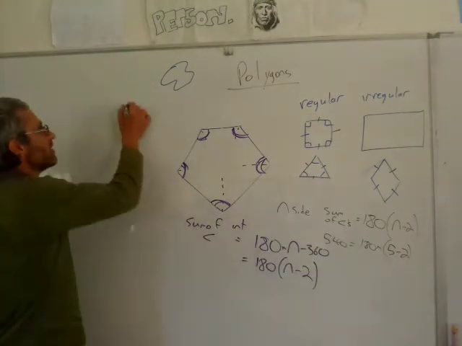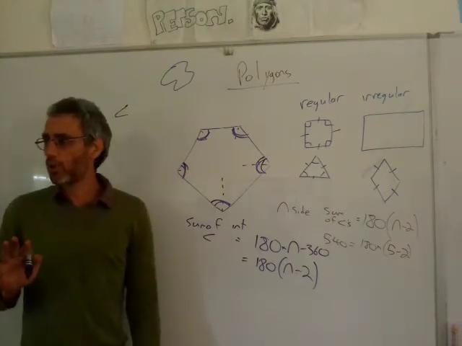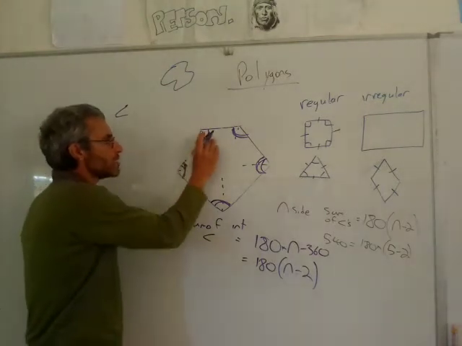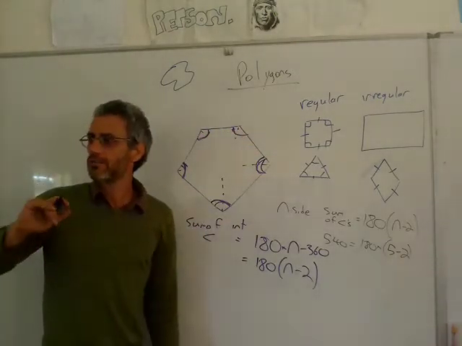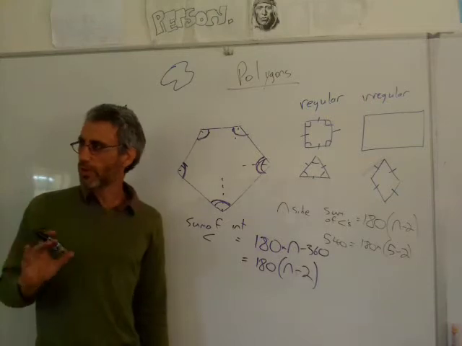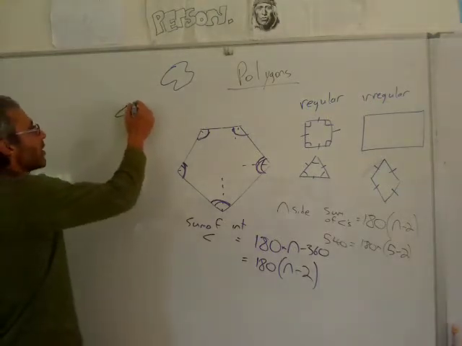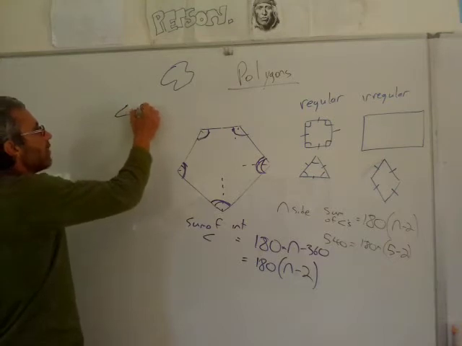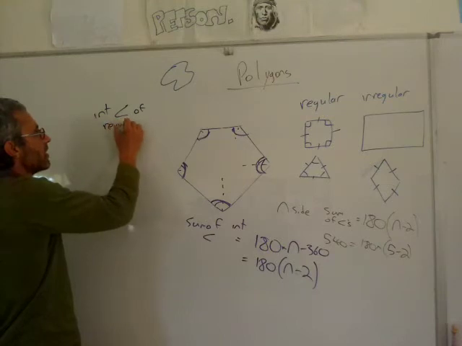Now, if I have a regular polygon, what I'm going to do now is only for a regular polygon. For a regular polygon, what can you tell me about all these angles? For a regular polygon, they are equal. They're all the same, right? So maybe I want to calculate the internal angle of a regular polygon.